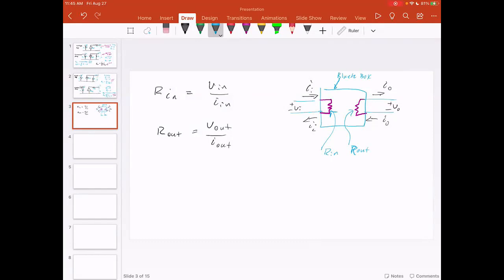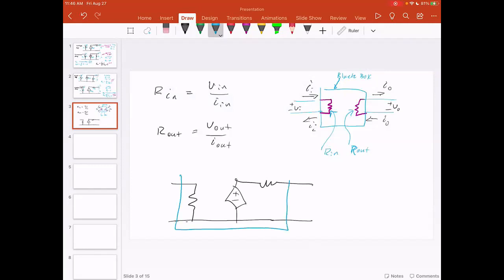And so if I drew that box around one of these amplifiers, if I drew a voltage amplifier, this black box could be the same as that. It can be exactly the same, where we've got an input voltage and an output voltage, an output current, and an input current.